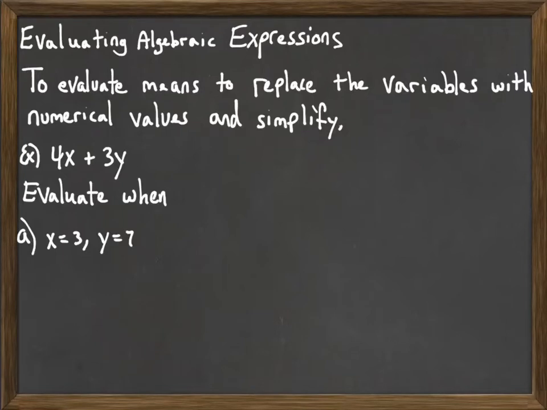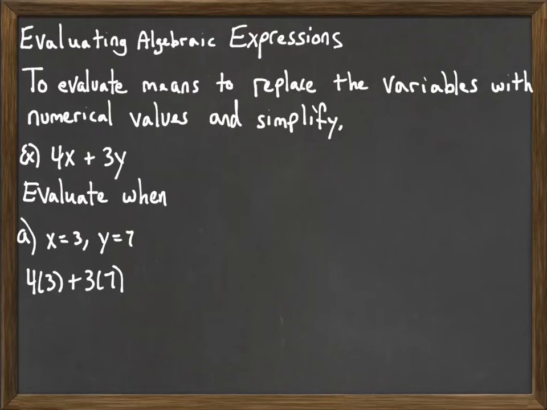Now my advice, when you replace a variable with a number, write that expression in parentheses. So when I replace my x here with 3, I'm going to go in and write that as 4 parentheses 3.